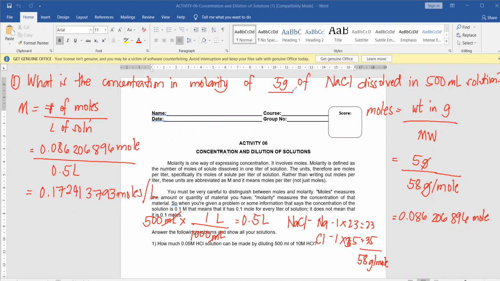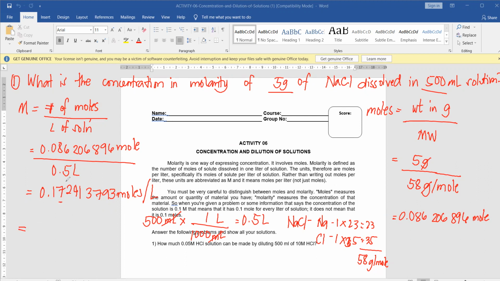And here, we only have one significant figure, and this one also is one significant figure. So if that is my instruction, class, then you have to round off your final answer so that it only has one significant figure. But if my instruction is to round off your final answer to 2 decimal places, then let's write the final answer in 2 decimal places.